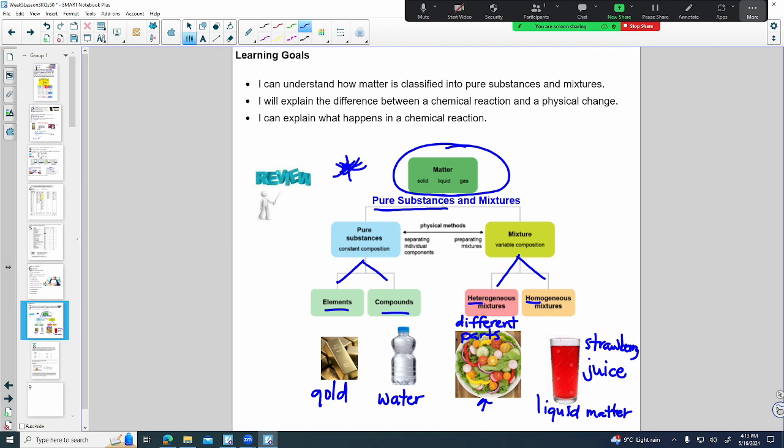That means you can't see the sugar that's possibly in there. You can't pick out just the water that's in there. You know there's water in there because it's liquid. So that's why it's called a homogeneous mixture, because it looks like everything in it is the same. You can't pick out the different parts.